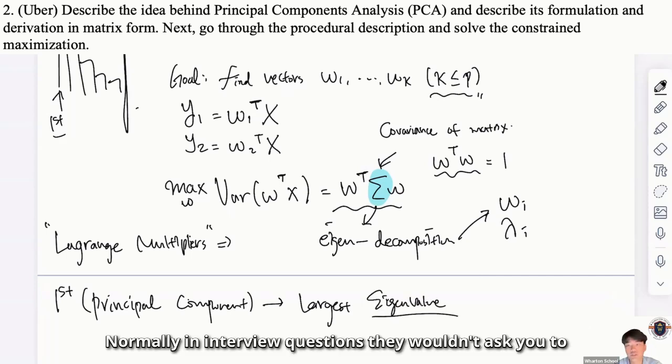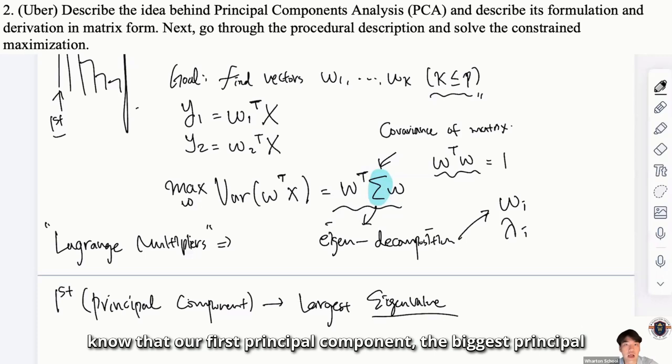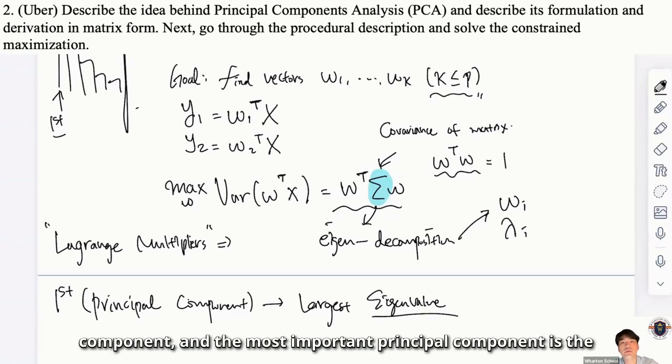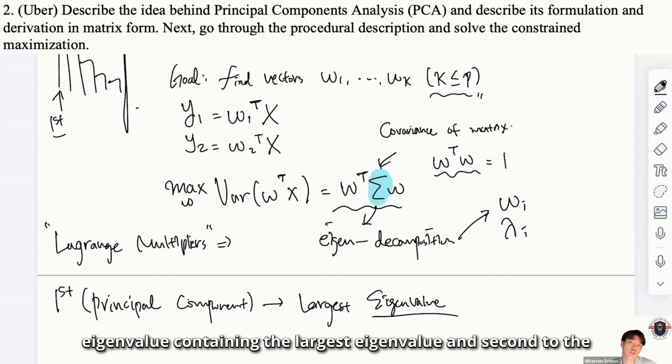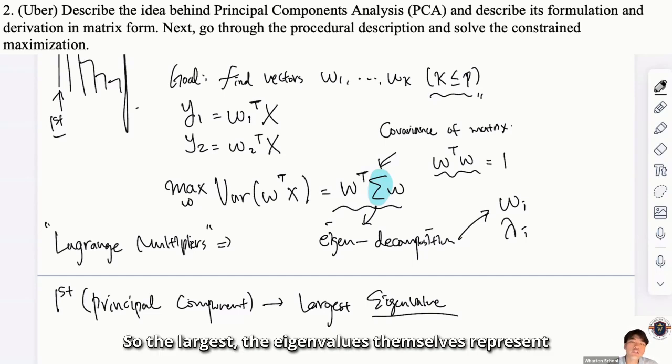Normally in interview questions, they wouldn't ask you to calculate all of this, but you just have to know that the first principal component, the most important principal component, is the eigenvector with the largest eigenvalue, and second is the next largest, and so on. The eigenvalues themselves represent the variance explained by each principal component.